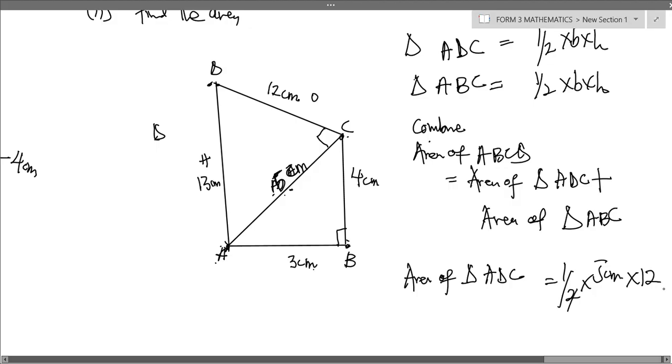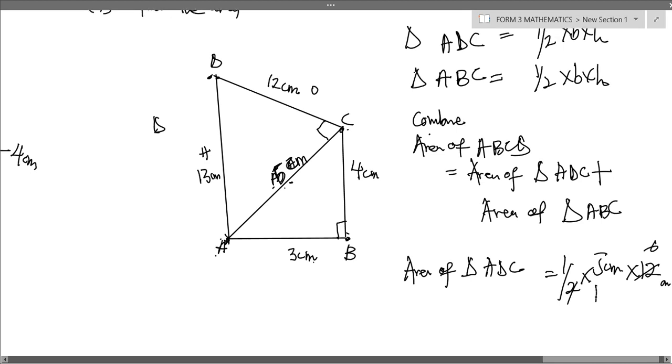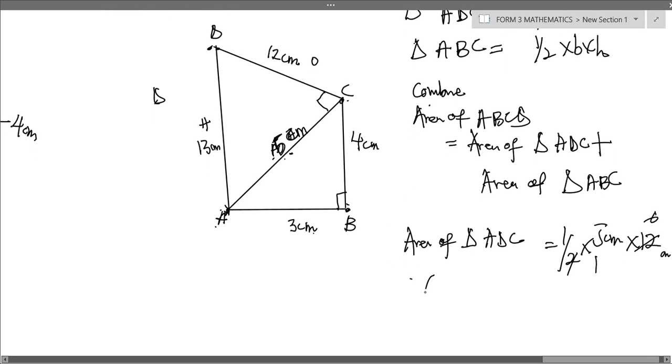Now 2 goes into itself 1, 2 goes into 12 how many times? 6. 6 times 5 is 30. So the area of triangle ADC is equal to 30 centimeters. Remember, it's area, so centimeters squared.